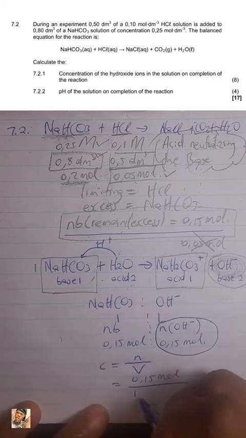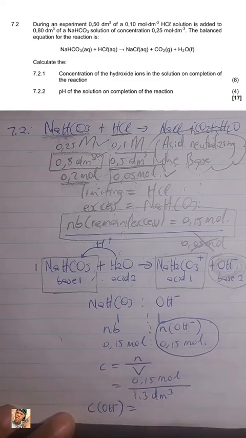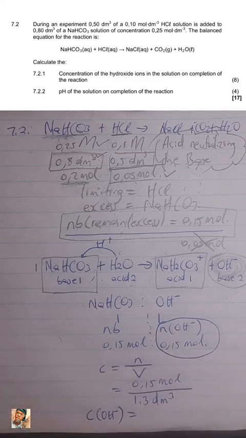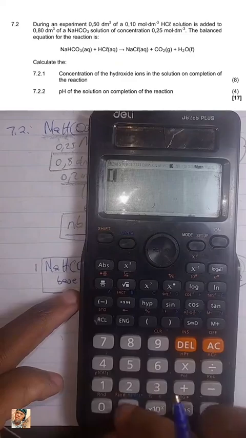So the volume is 1.3 cubic decimeters, as we have calculated. That means the concentration of the hydroxide ion is going to be equal to 0.15 moles divided by 1.3 cubic decimeters.